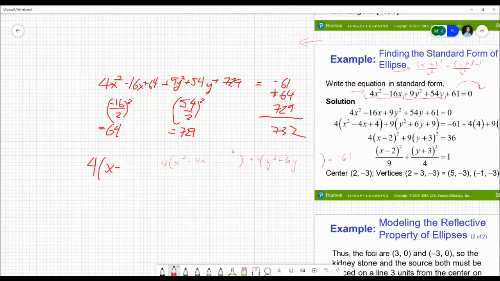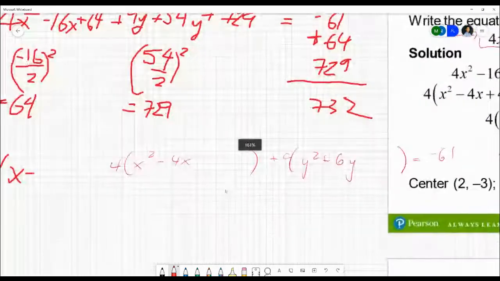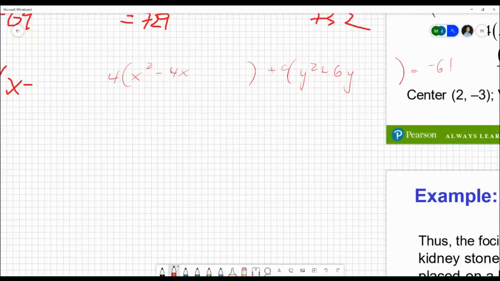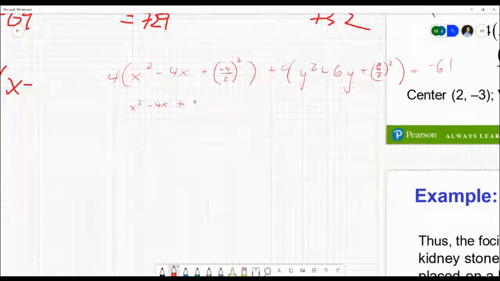Now I'm going to complete the square by taking half of b and then squaring it. So half of negative 4, negative 4 divided by 2, squared. Same thing here, half of 6 and square. So now I'm going to rewrite this. Negative 4 divided by 2 is negative 2, squared, which is 4.